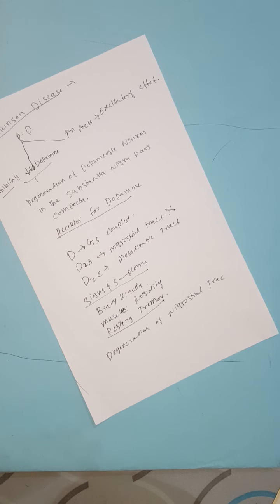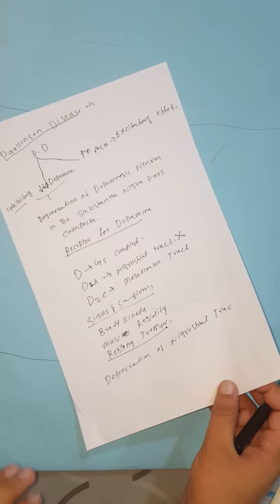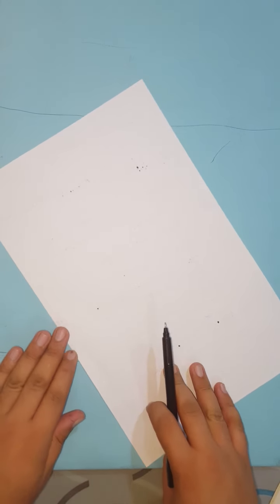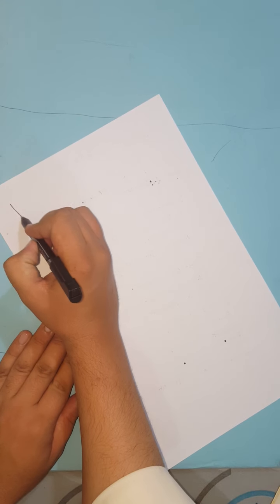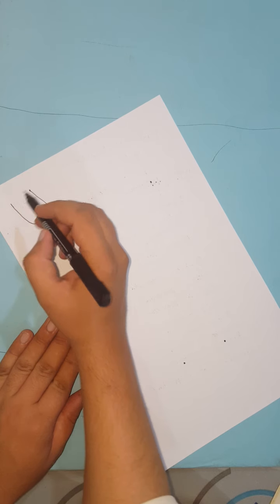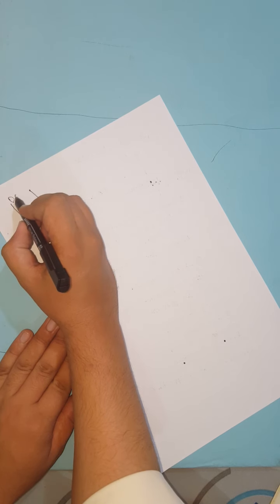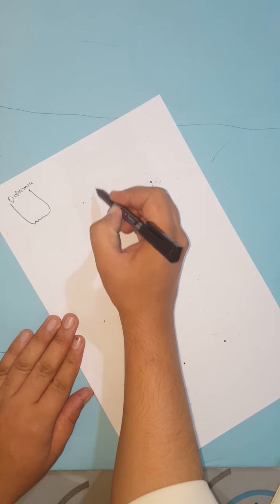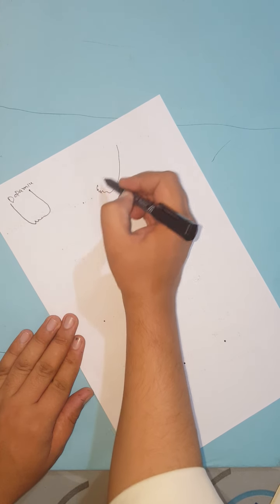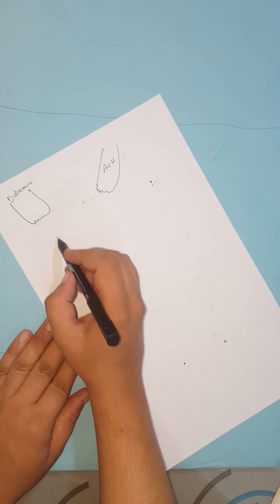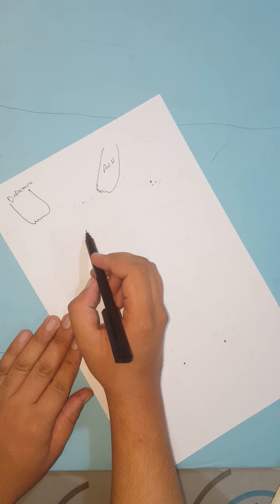Now we discuss the pathway of dopamine and acetylcholine. This is the dopamine, this is the acetylcholine, and this is the dopamine receptor.